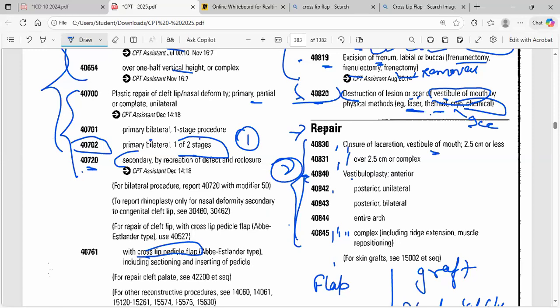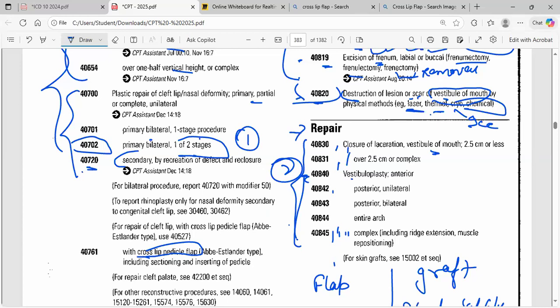Vestibuloplasty is performed to restore alveolar ridge height. What happens here is we have to lower the muscles attached to the buccal, labial, and lingual aspects of the jaws, and then the floor of the mouth we have to remove separately.